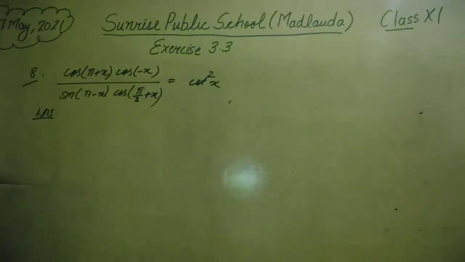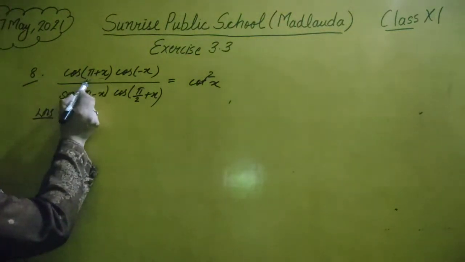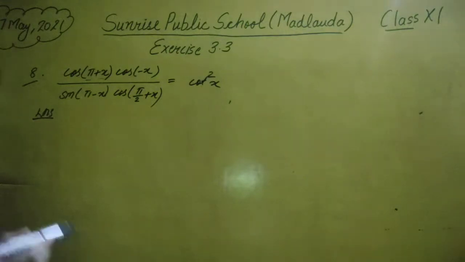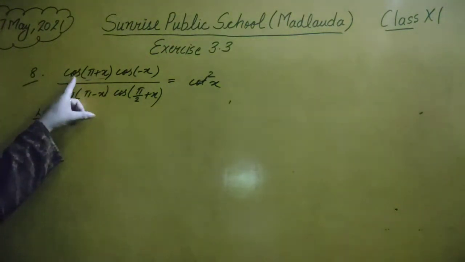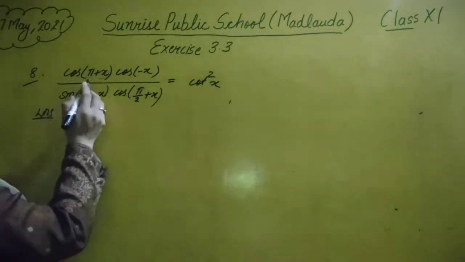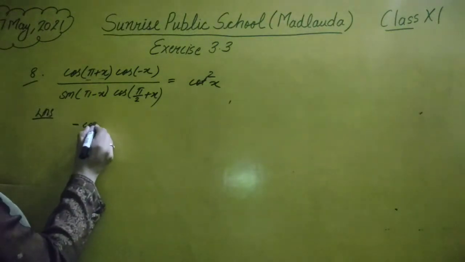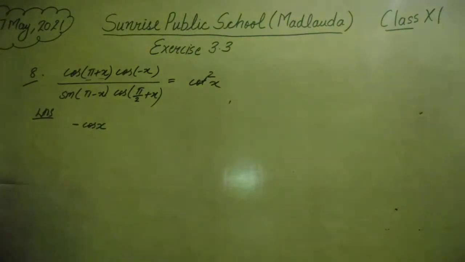In the left hand side there is cos of pi plus x, and we know that if some angle is added to pi, we enter the third quadrant, and in the third quadrant cos is negative, so the result will have a negative sign. But at pi, the trigonometric ratio does not change, so it will be minus cos x.